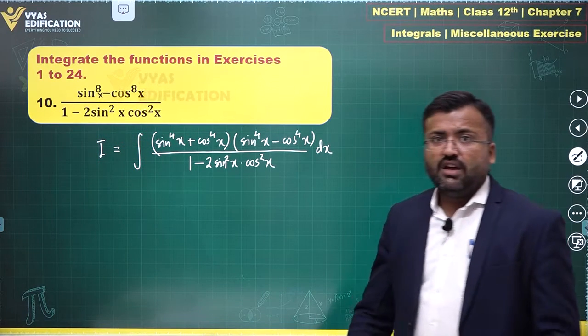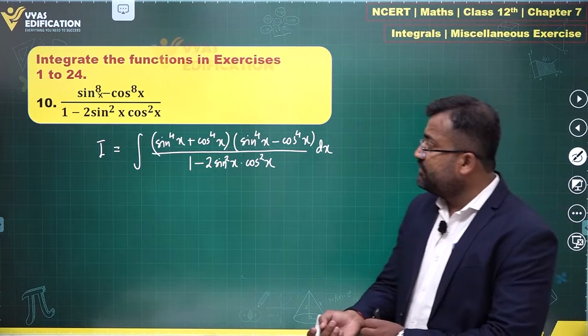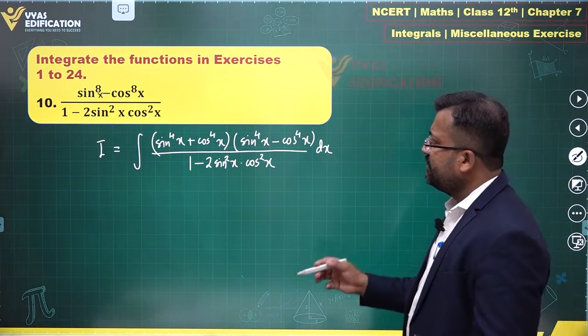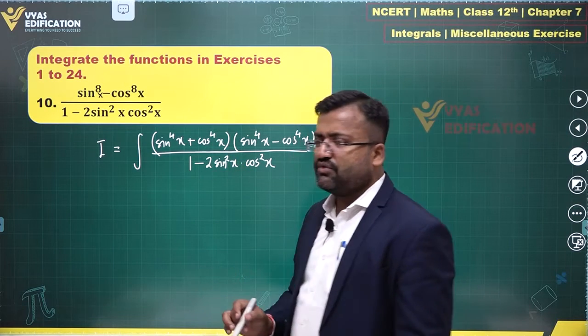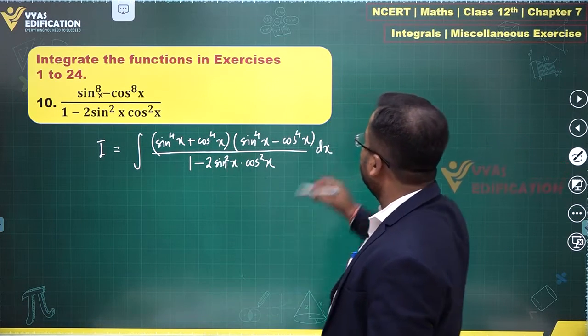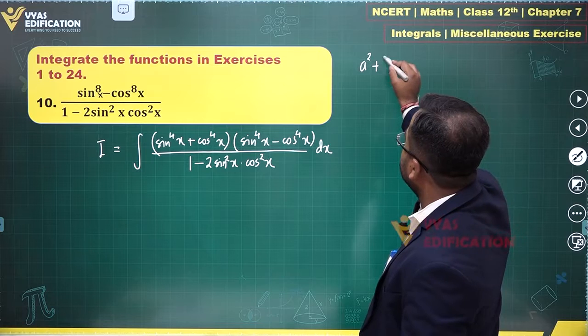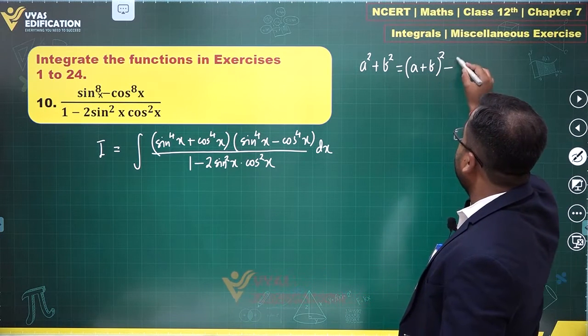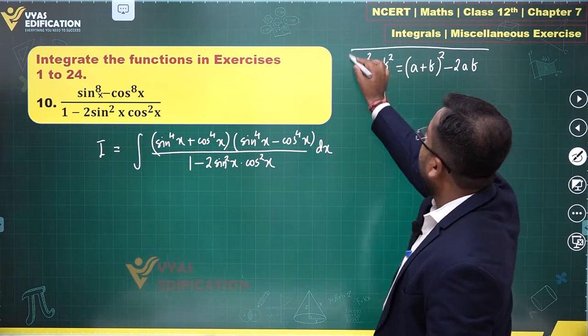Now sin power 4 plus cos power 4 can be converted into a perfect square, because this is nothing but the square of sin square, and this is the square of cos square, and we know that a square plus b square can be written as (a plus b) whole square minus 2ab. Use this.